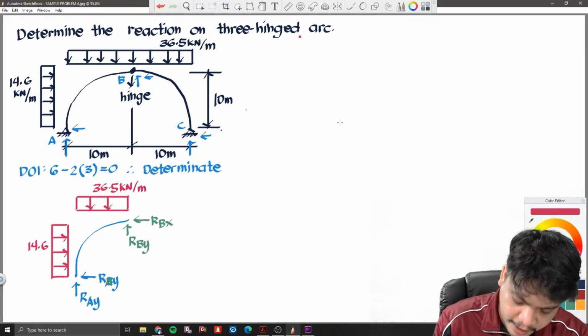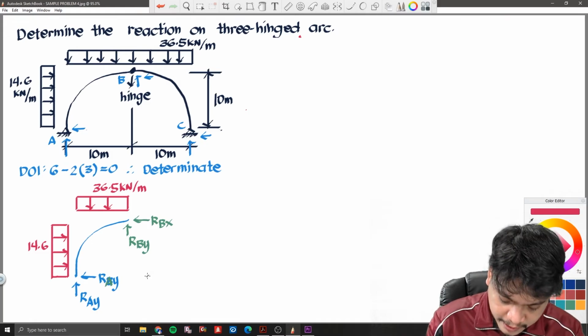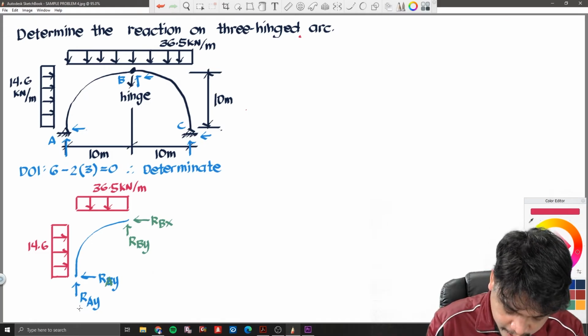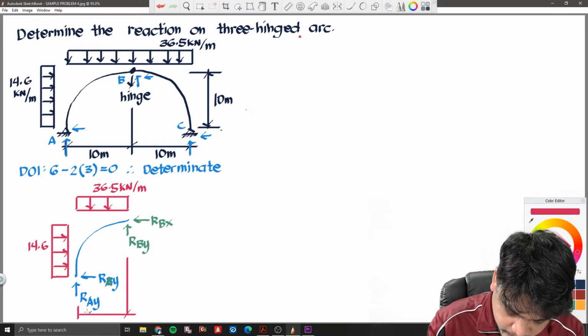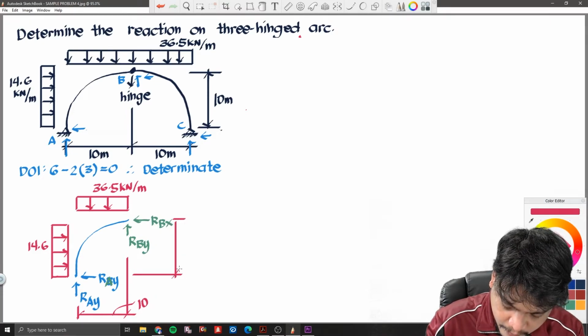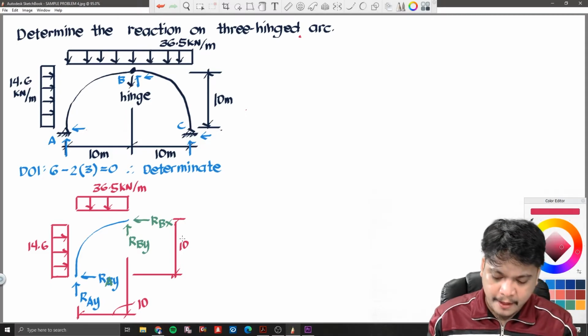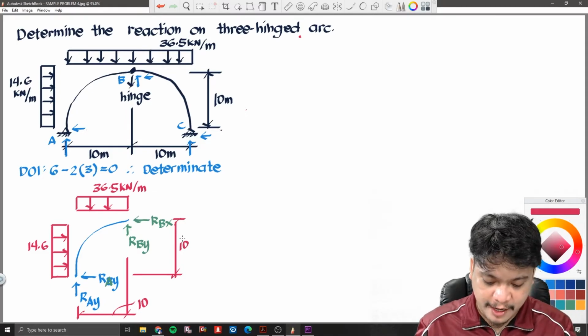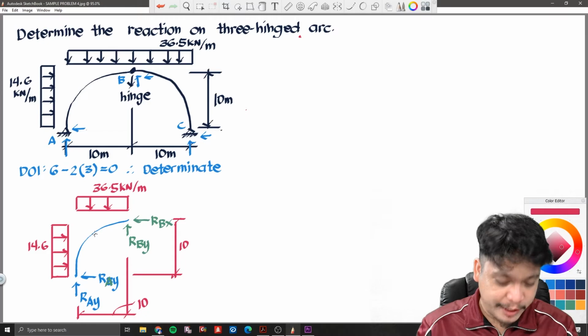Okay. So, ayan. So, yung distances natin, ilan na to? Okay. So, that's around 10. So, you have here 10, and then this one is also 10. So, dito, pwede na akong mag-summation moment, no?